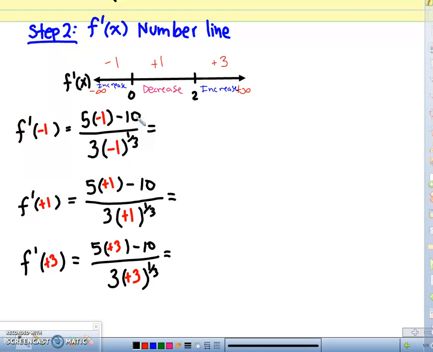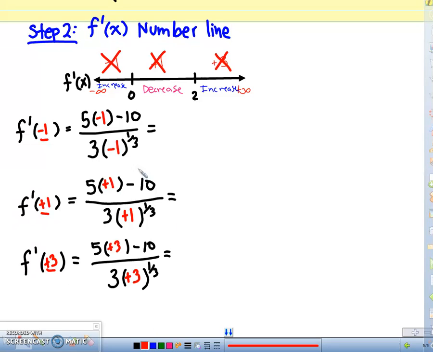Okay, so check your answers with mine. I got increasing in the interval from negative infinity to 0, decreasing in the interval from 0 to 2, and increasing in the interval from 2 to positive infinity. Keep in mind, I could care less about the test values. They were just used for exactly what I call them, just to test them, that's it.